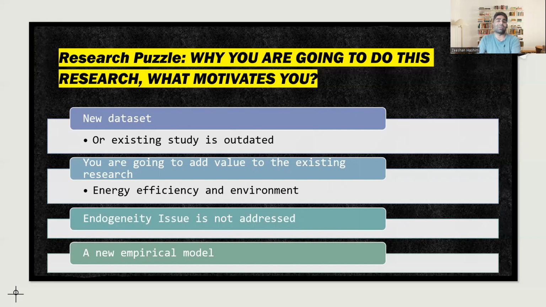Or, when research was available for 1990 to 2010, there was no COVID at that time. So I'm going to test the validity of the existing research and add value to it. That can be the research puzzle and the contribution as well.